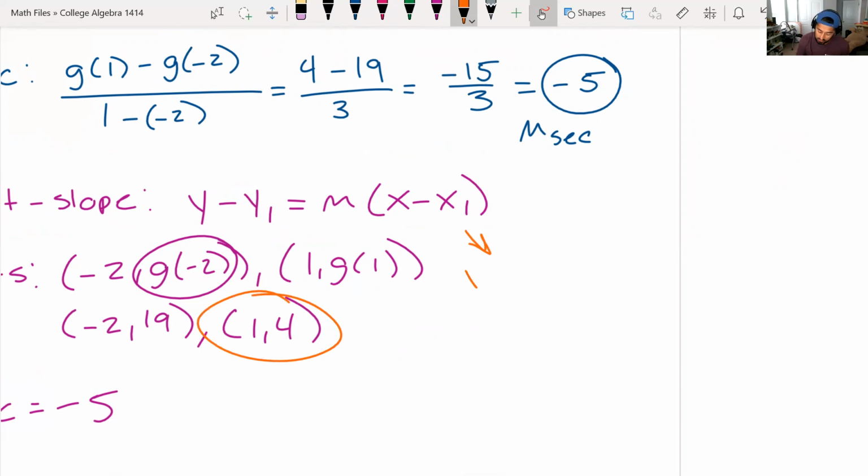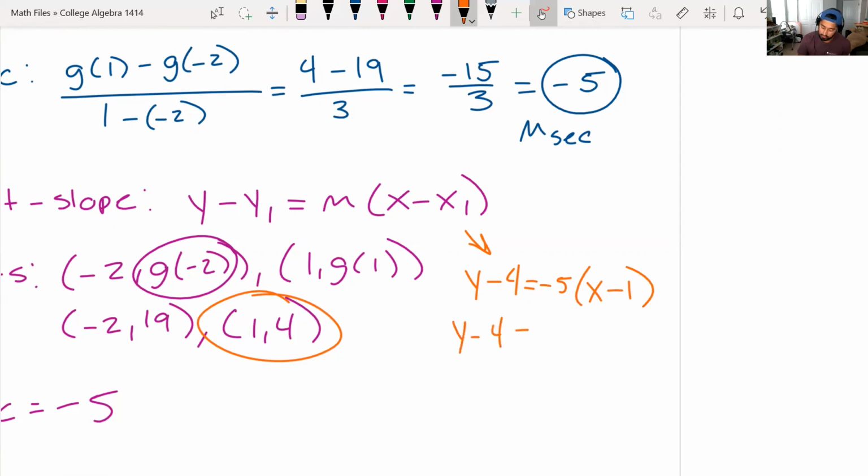And I'm gonna say y minus my y1 value, which is 4, equal to my slope, which we have is -5, times x minus the x1 value of that point, which is 1. All right, now solve for y.